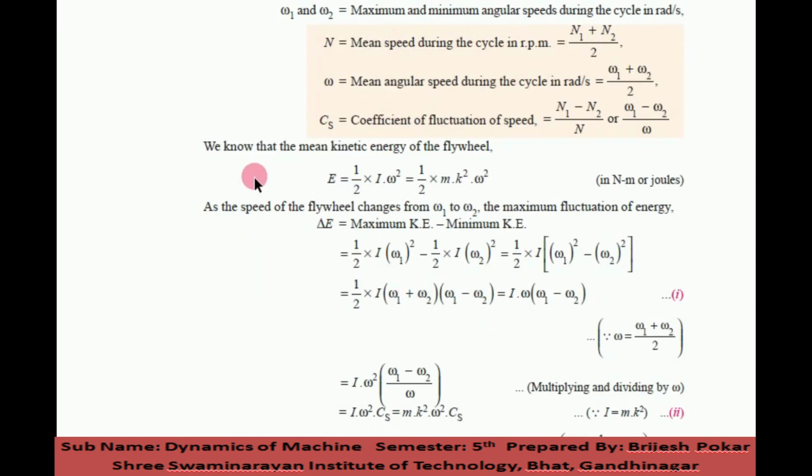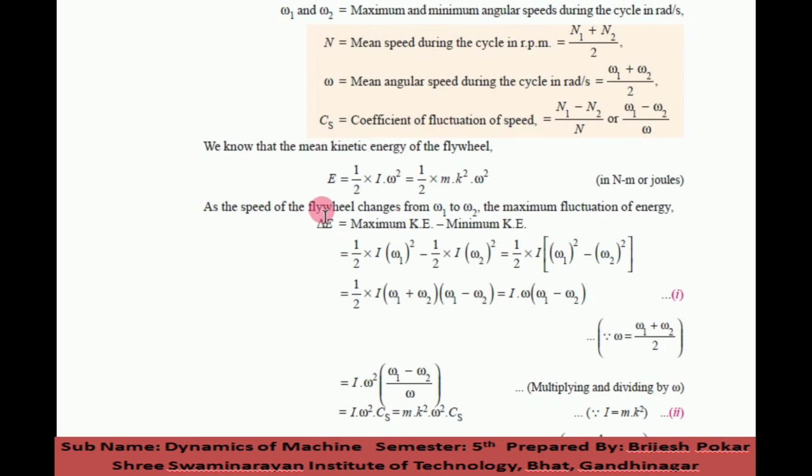Okay, now we know the mean kinetic energy of the flywheel. The kinetic energy of the flywheel, E, is equal to 1/2 I omega square. Instead of I we can put m k square, so E is 1/2 m k square omega square. This is the mean kinetic energy of the flywheel.